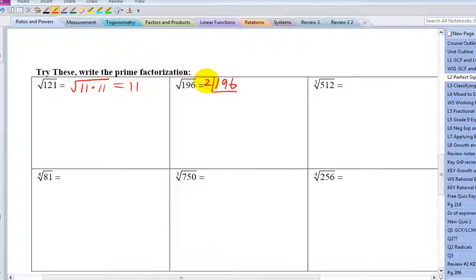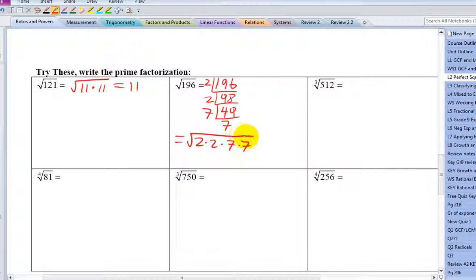What is that? 98. Divide by 2 again. 49. Sorry, what am I thinking? It's not even. Divide by 7. Okay. So this equals 2 times 2 times 7 times 7.